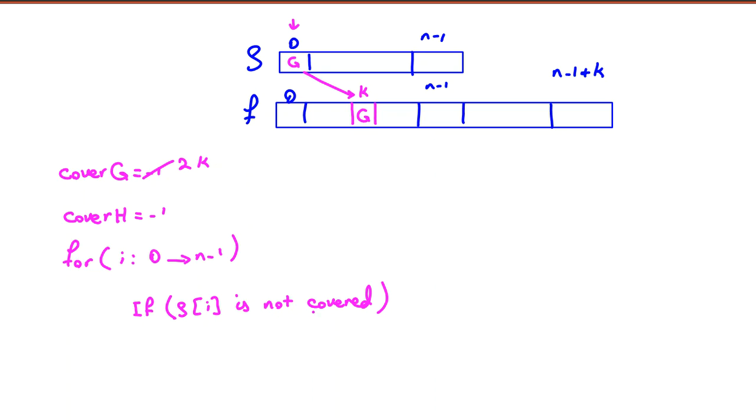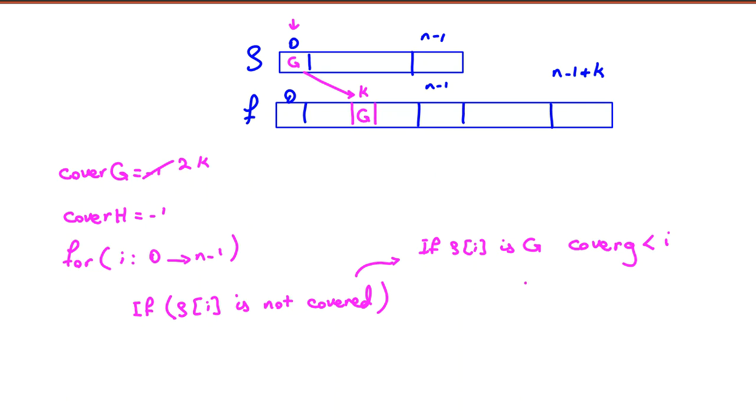So when SI is not covered means what? Means, this one let me explain, if SI is G, then cover G is less than I, it doesn't cover this.